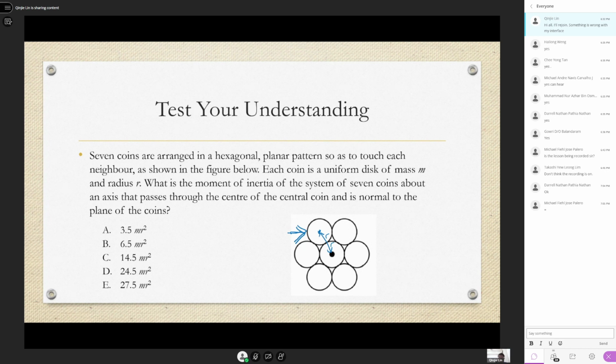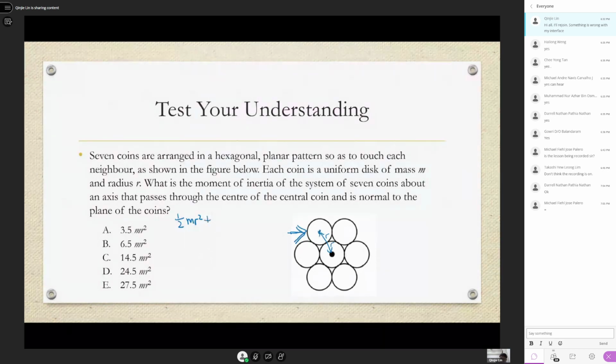So the moment of inertia for one of the coins at the side: the original one for this is half mr square, right? But now we are at a distance away, so we need to do the parallel axis.